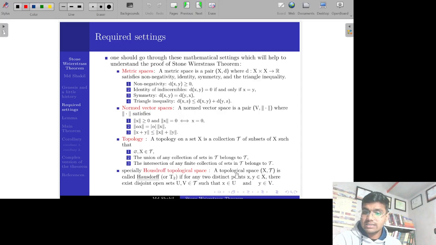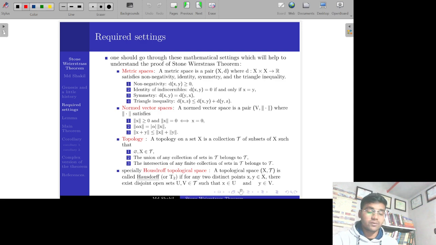It is a special kind of topological space. X is called Hausdorff if for any two distinct points x, y in X there exist disjoint open sets u, v in tau such that x is in u and y is in v.